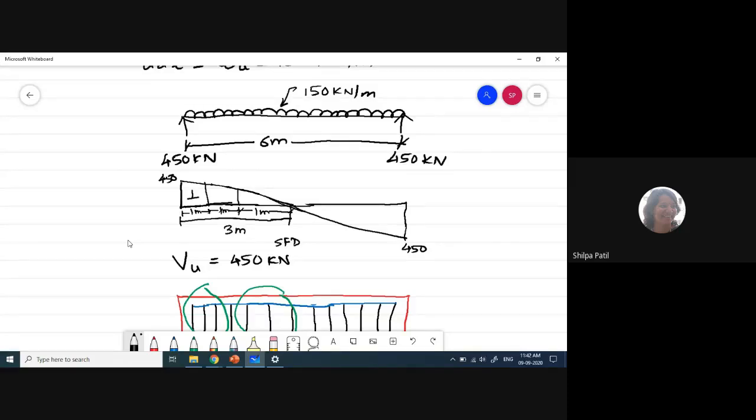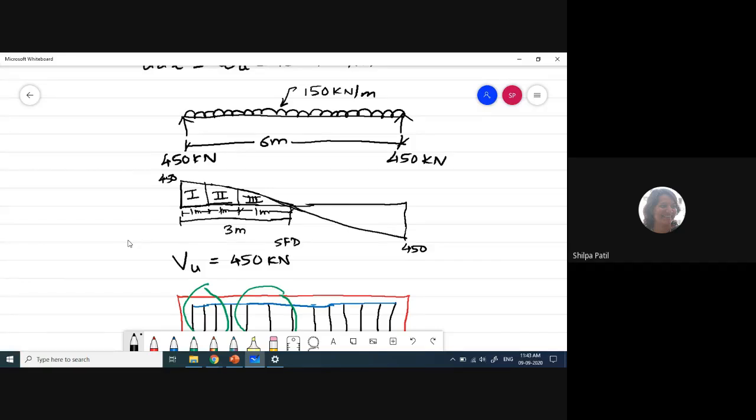I'm considering this as zone 1, this as zone 2, and this as zone 3, because in every zone there is a difference in shear force value. In zone 1 there is a maximum shear force, in zone 2 there will be a reduced shear force than zone 1, and in zone 3 again the shear force will be reduced as compared to zone 2 and zone 1.